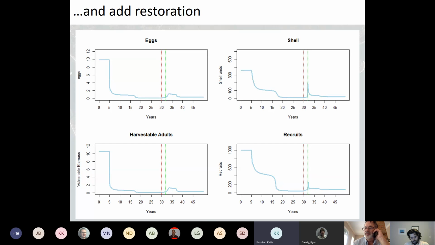The whole key is getting recruitment and oysters to grow to adult size and not overfishing, so that you have oysters to resupply the reef.